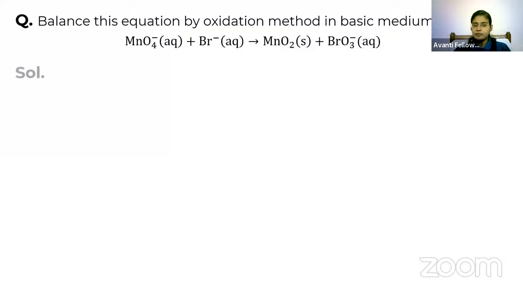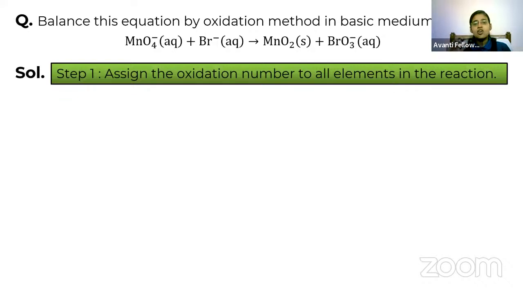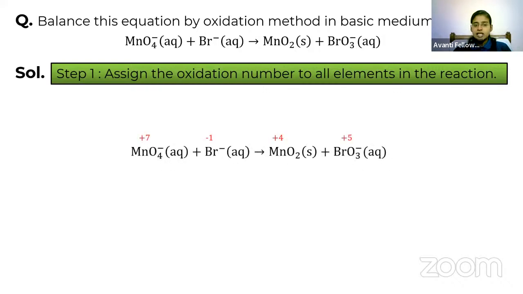This is the equation. How do we approach this question using the oxidation number method? Step one is to assign the oxidation number to all the elements in the reaction. We have manganese, oxygen, and bromine, and the product side also has the same elements.